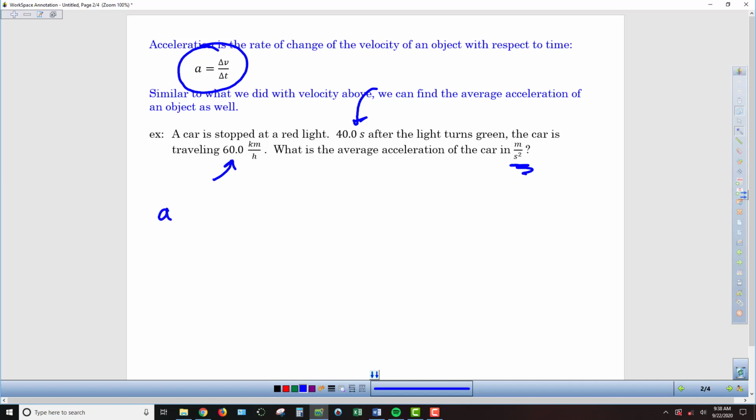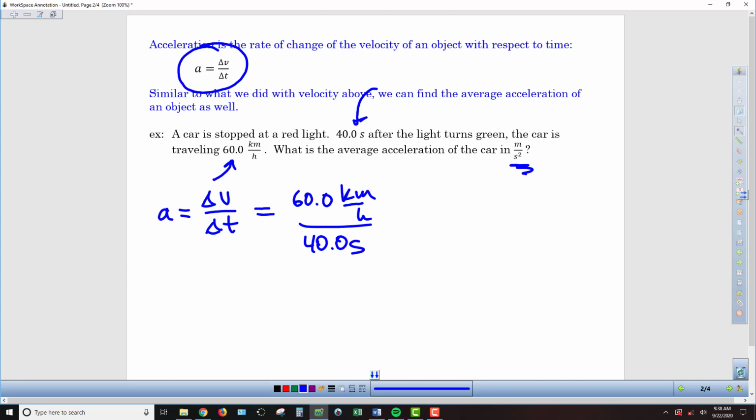I'm going to start off with our equation, delta v over delta t. For our change in velocity, we're ending up at this 60 kilometers per hour, and our change in time is 40 seconds. We can clearly see that we've got some dimensional work to navigate our way through.